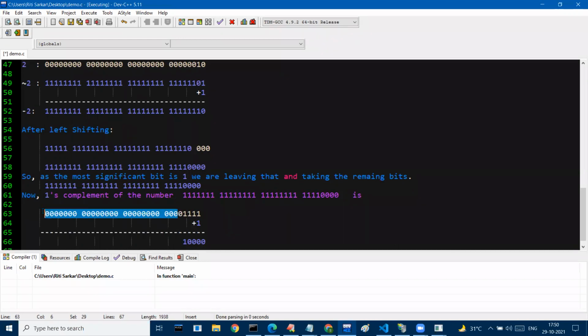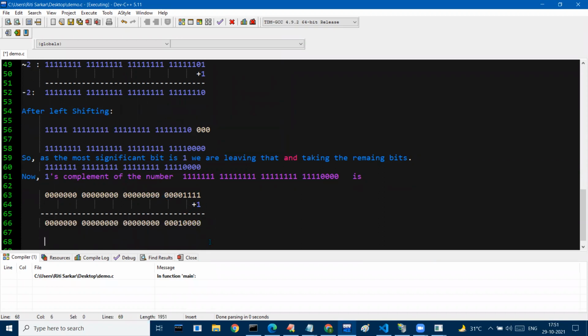From here to here, all are nothing other than 0. Perfectly right. Then what is this value, guys? 1, 2, 4, 8, 16. 16 is the value.